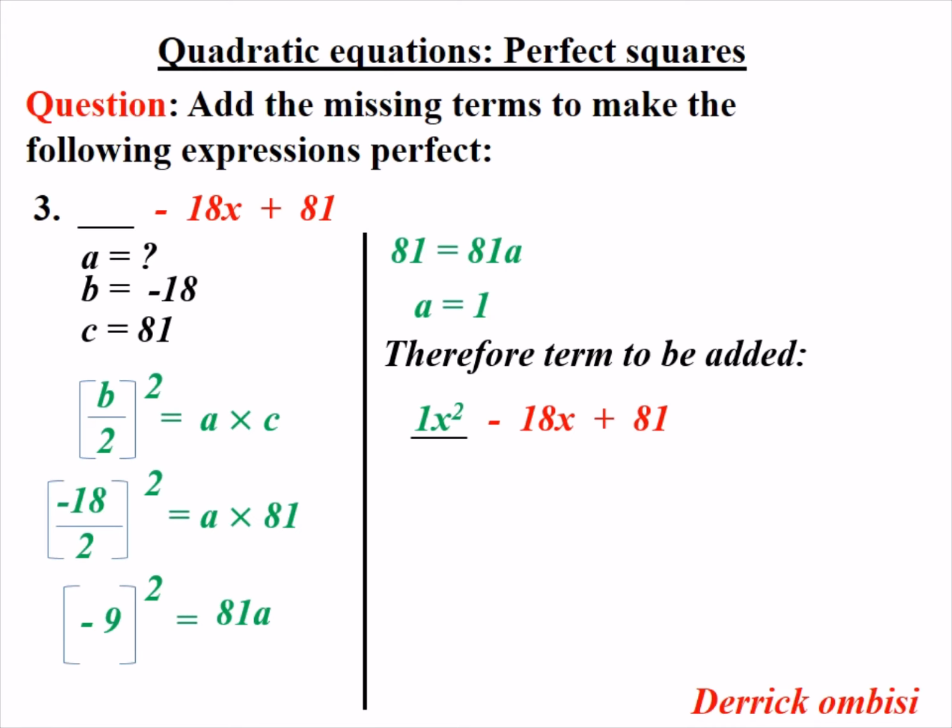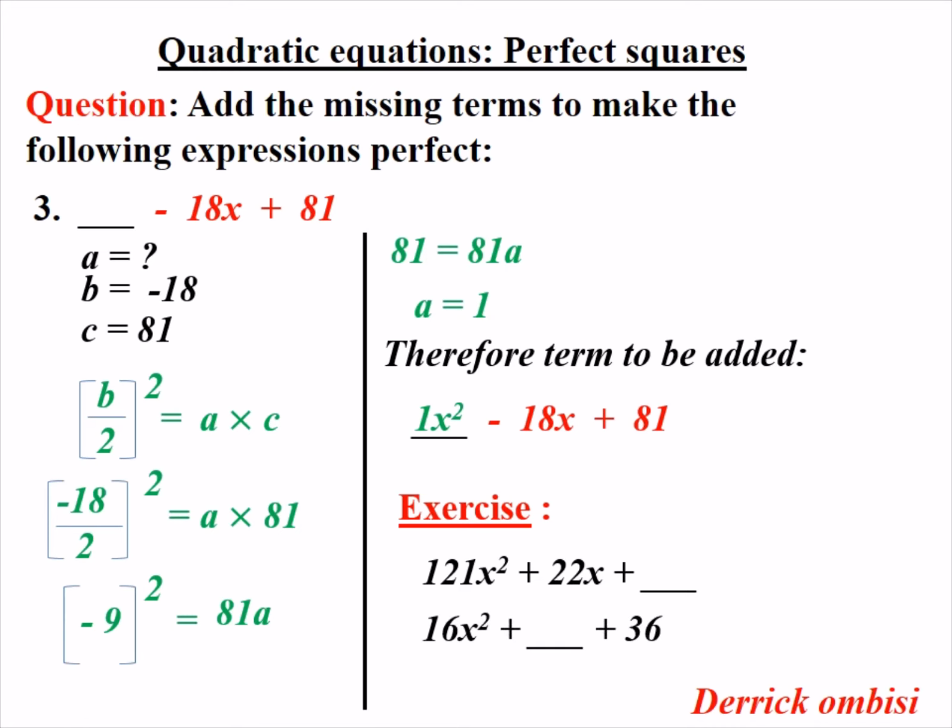You have a small exercise that you can try out. You have been given two expressions: 121x squared plus 22x plus dash. What must be added to this expression to make it a perfect square? Then another one, 16x squared plus dash plus 36. What must be added here to make it a perfect square?